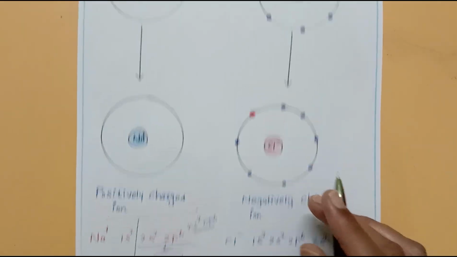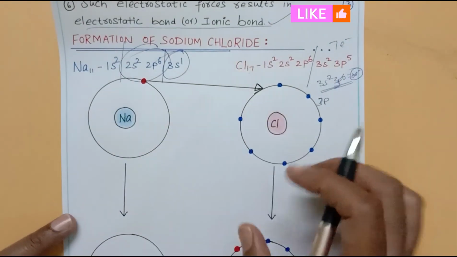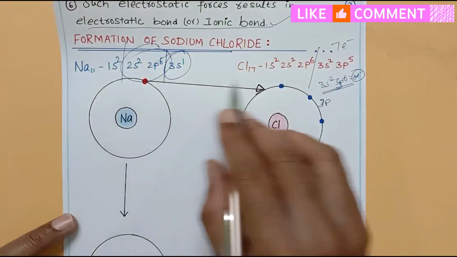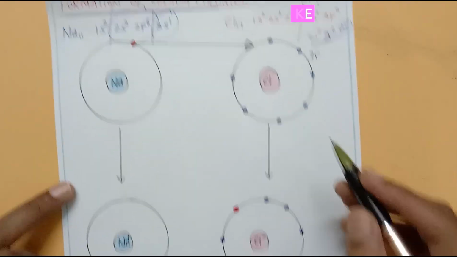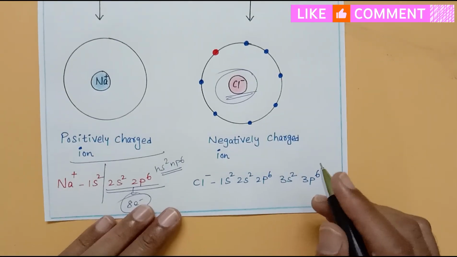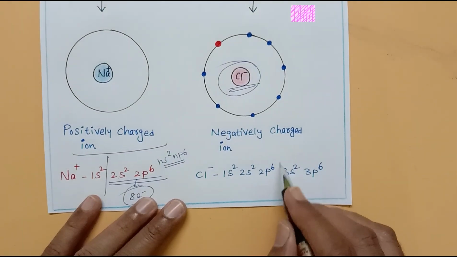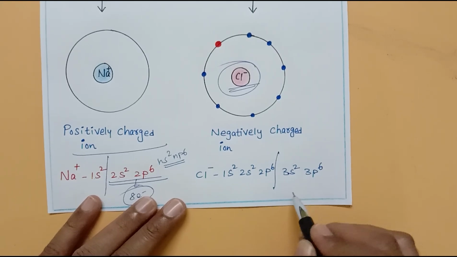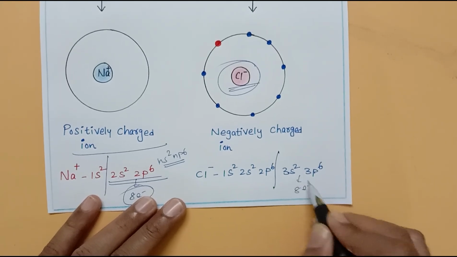Similarly, chlorine gains the electron transferred by sodium and is converted to chloride, a negatively charged ion, with valence shell configuration 3s2, 3p6, 6 plus 2, so here also it has 8 electrons.